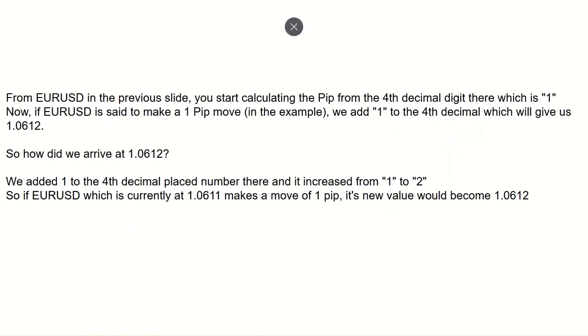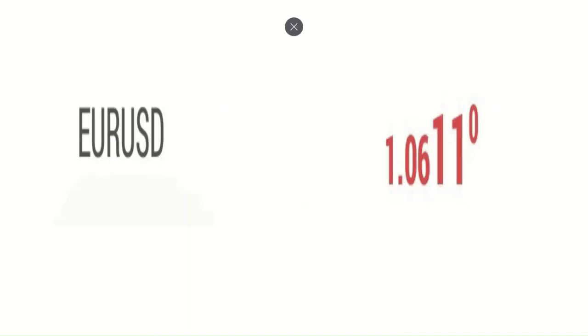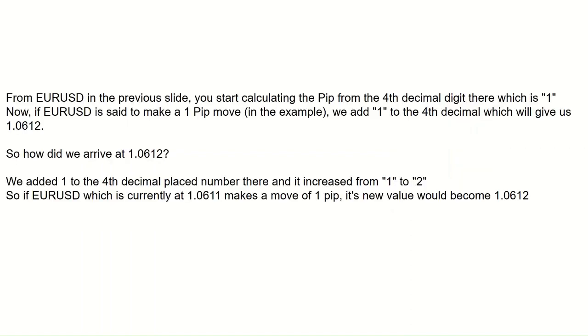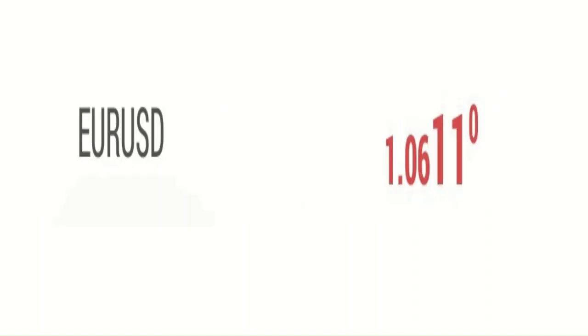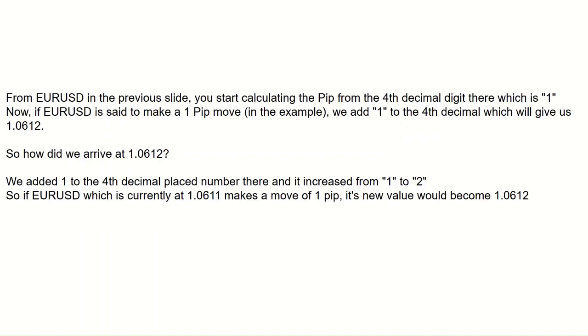So from the EUR/USD in the previous slide, 1.0611, take note of it. You start calculating pips from the fourth decimal digit, which is 1. If you go back, you can see 0 is the first decimal place, 6 the second, 1 the third, then the last 1 is in the fourth decimal place.